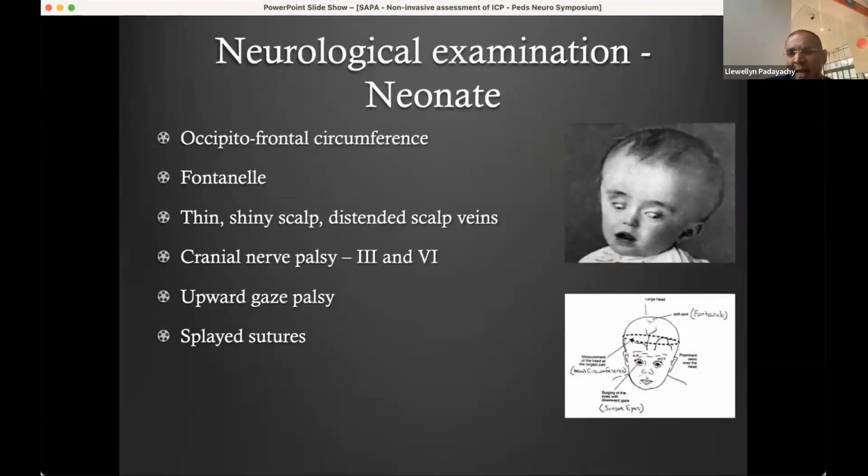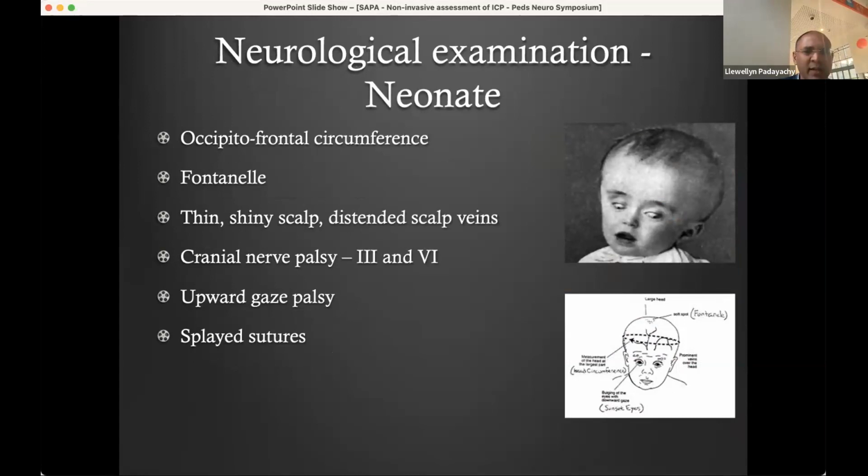A standalone or point-in-time measurement, unless they're grossly enlarged, tends to mean a lot less than the sustained measurement of these over time. So it's more the trend, and I think that is something as pediatricians you guys are better at than we are. But the trend over time is a better indicator of increasing intracranial pressure.